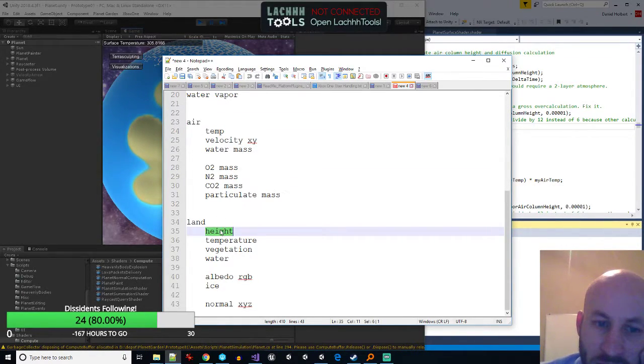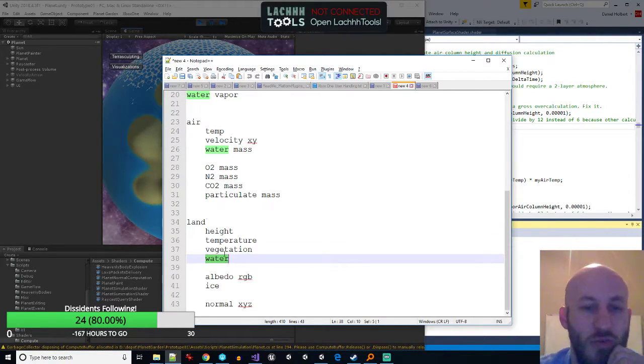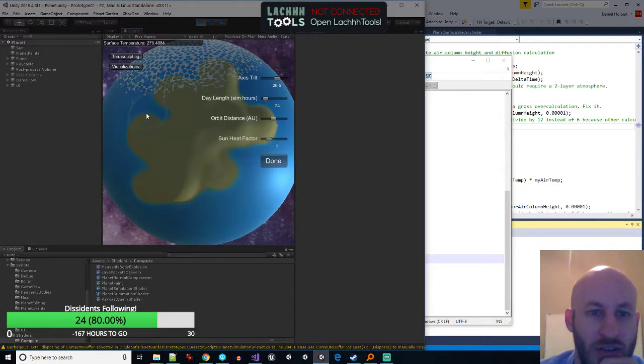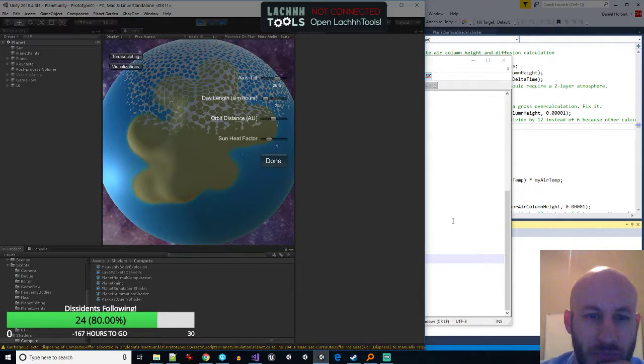And then land, you have its elevation, temperature, is there any vegetation, how much water, and you can see stuff starting to get a little funky on the planet as I let it run. You can see the hex pattern of the vertices pop up because the simulation's going a little haywire.